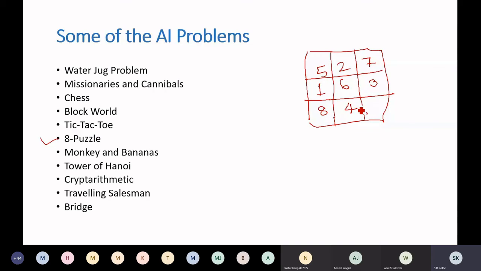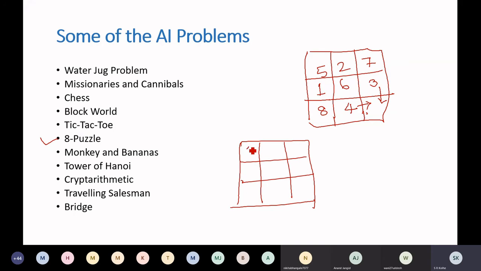And these tiles are put in such a way that you can move a tile into the empty square. For example, now this square is empty, so you can move this tile 4 here, or you can move this tile 3 here, right? Now, what is the objective? The objective is that you will have to arrange these tiles in some predefined fashion.